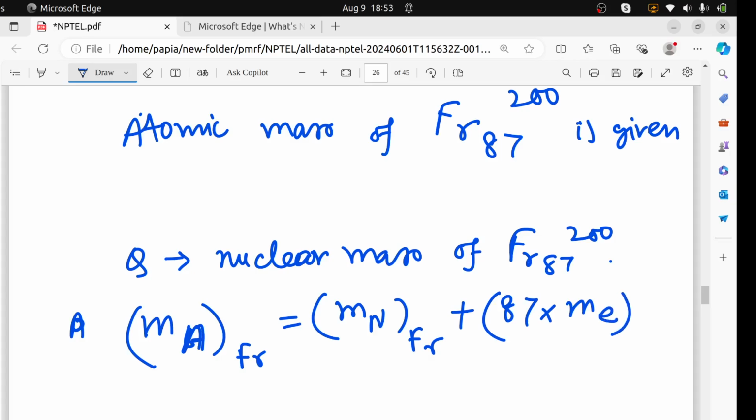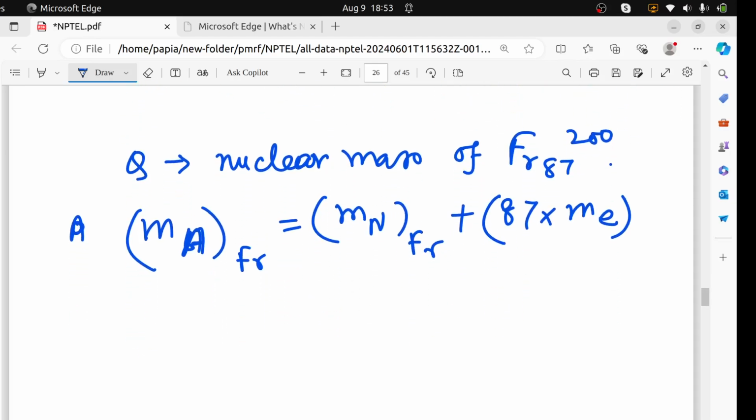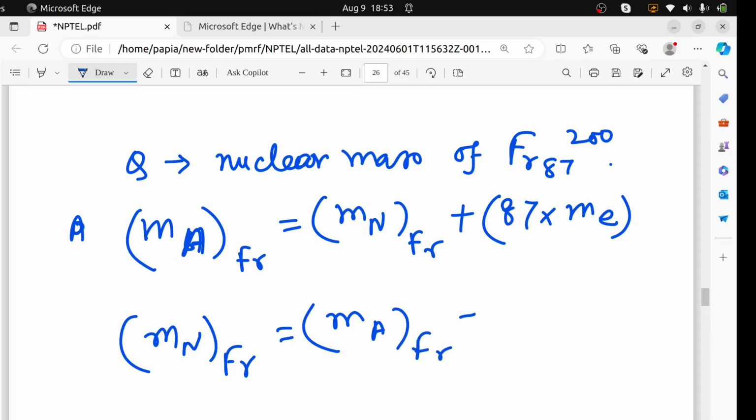So this is the expression for atomic mass, and there is a conversion relation for atomic mass and nuclear mass. So for this case, M_N Fr can be written as M_a Fr minus 87 into Me.